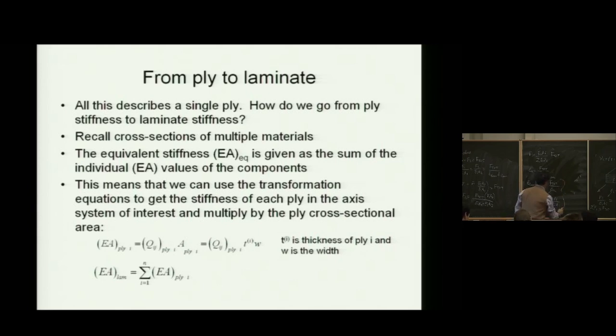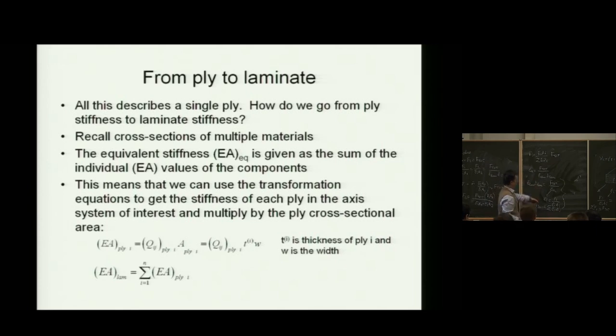So if I combine these, we can show that there's a relationship that will cancel these, and E laminate A laminate is the summation of Ei Ai.